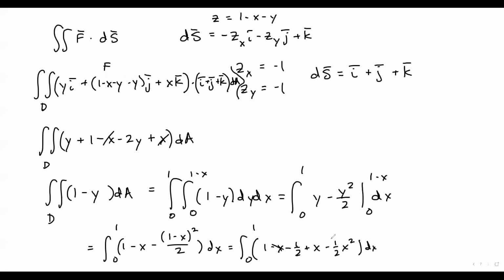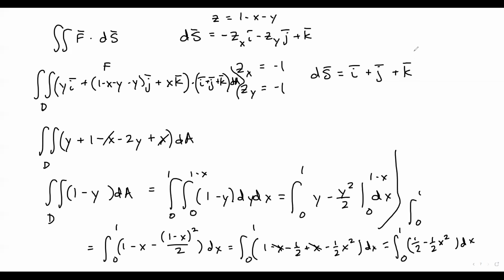What do we got here? This cancels with this. 0 to 1, 1 minus 1/2, that's going to be 1/2 minus 1/2 x squared dx. And then we'll work our way upward here.